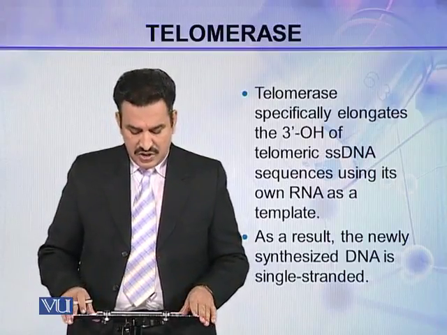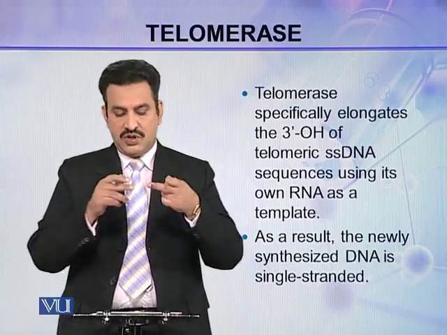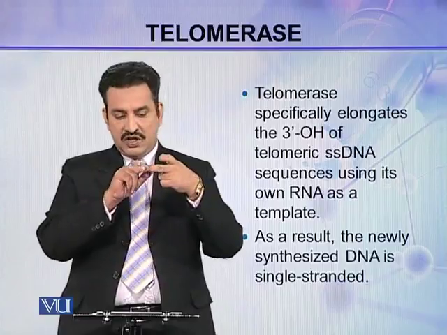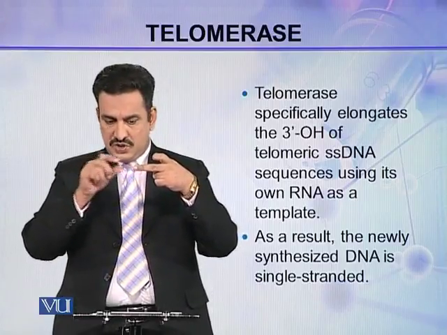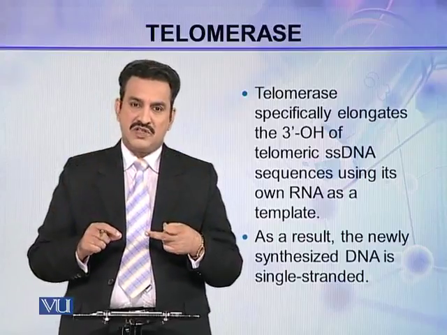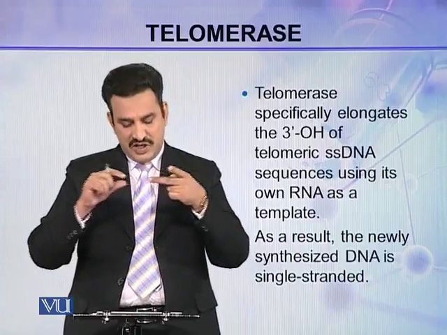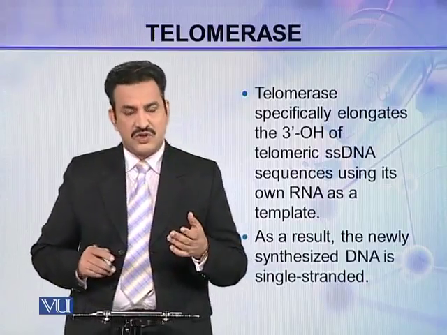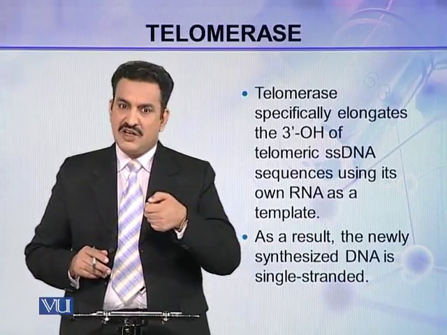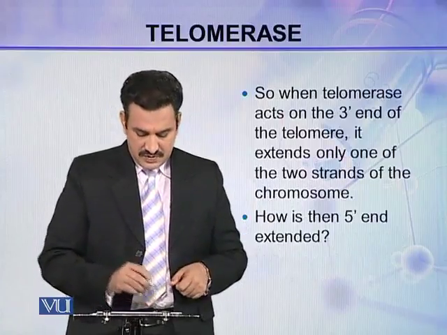As a result, the newly synthesized DNA is single-stranded. So this is new synthesis, and telomerase results in the synthesis of new single-stranded DNA, only extending the extreme end of the DNA strand.